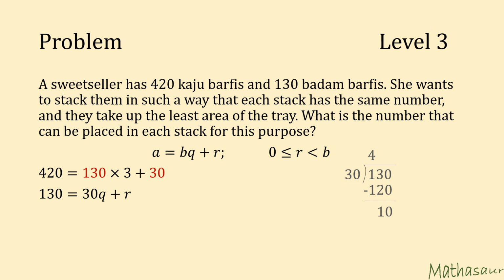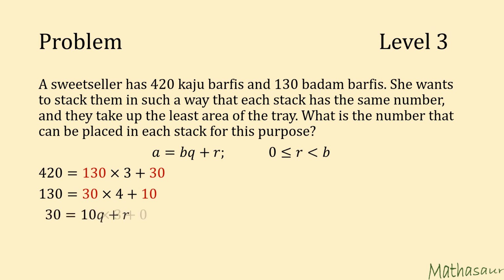We get remainder 10. Now let us take 30 and 10 as the new A and B. And we see that 30 is equal to 10 times 3. The remainder becomes 0. So B or 10 is the highest common factor here. So we are going to have 10 burfis in each stack.